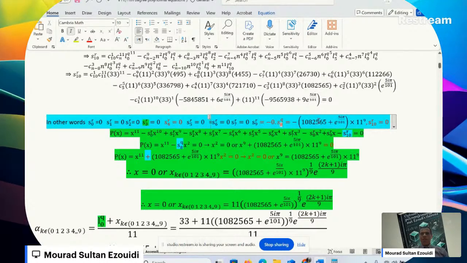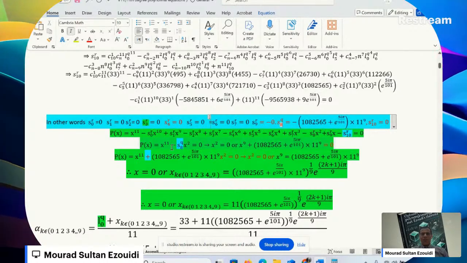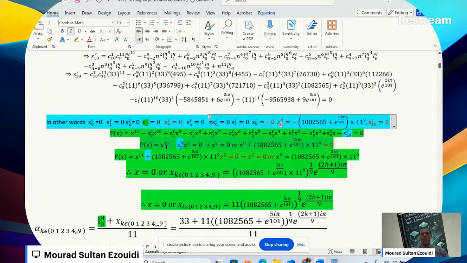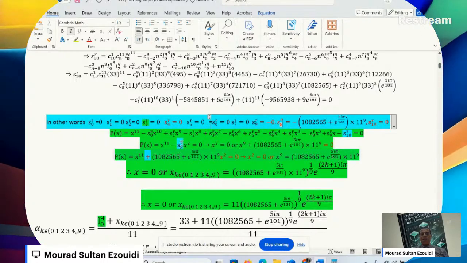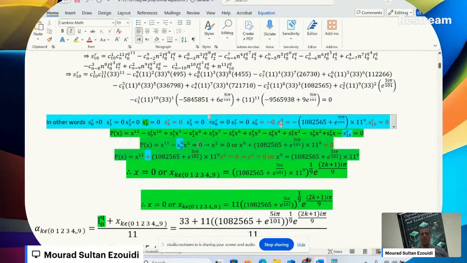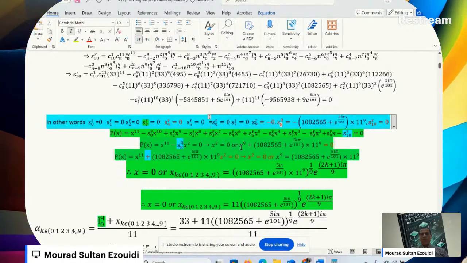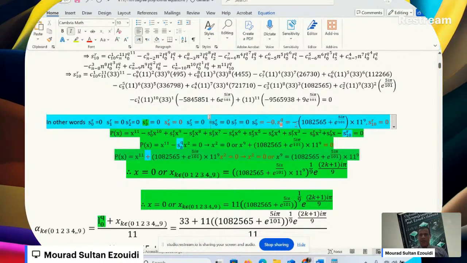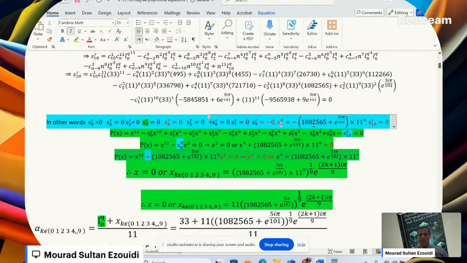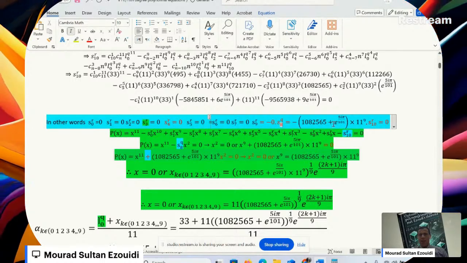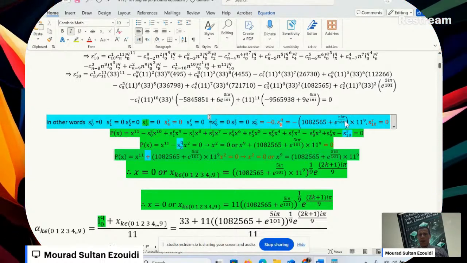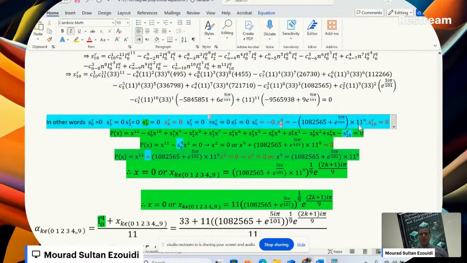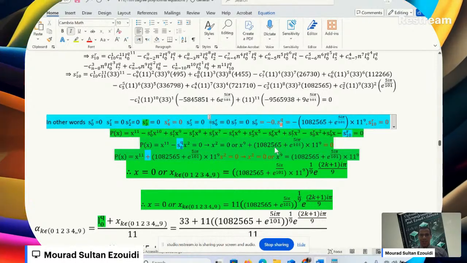Okay. So I'm going now to write this here. You can see that our prime to the power 11 has to be written as x to the power 11 minus S8 of OD2 x squared equals 0. Means x squared equals 0, or I'm going to change S8 with negative, between parentheses, 1,082,565 plus exponential 5 I pi divided by 101, all multiplied by 11 raised to the power 9.